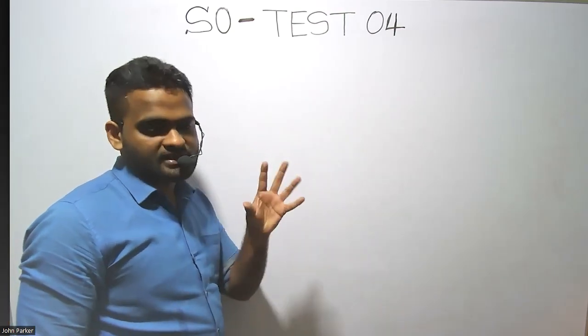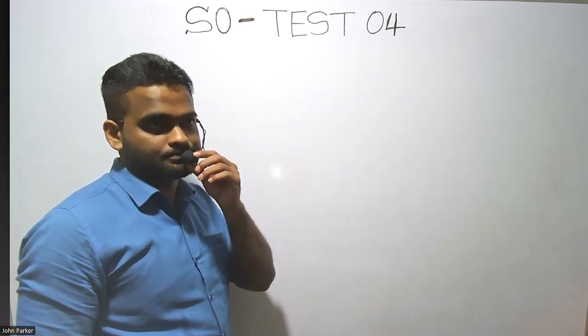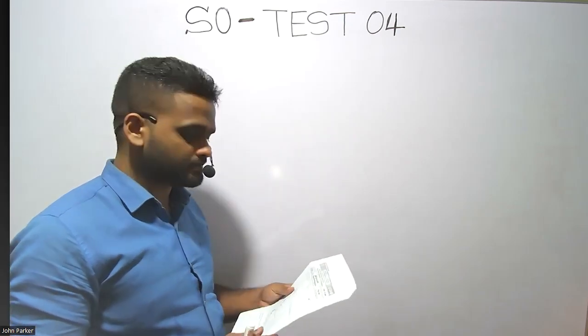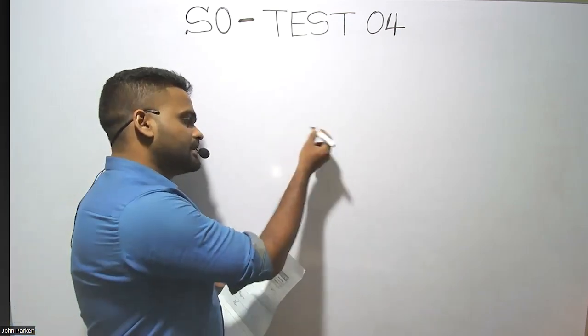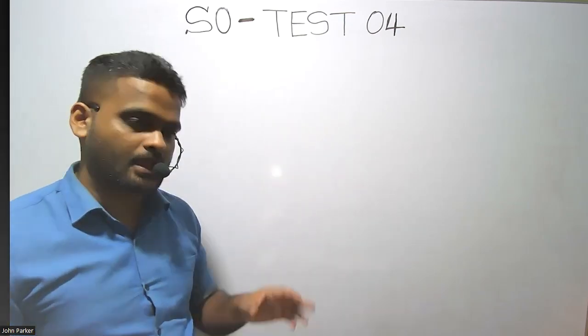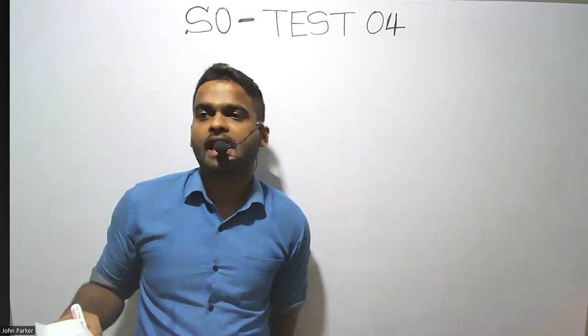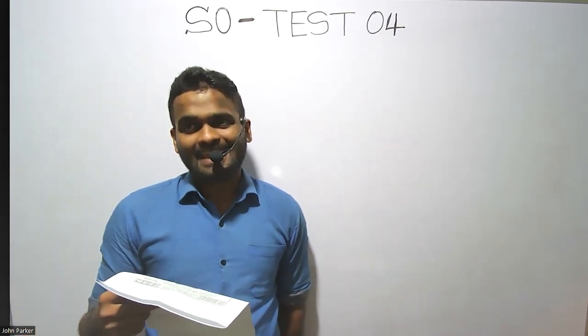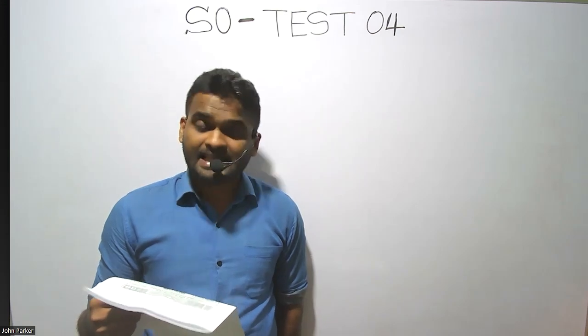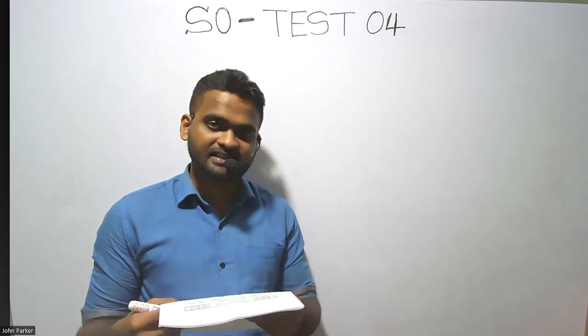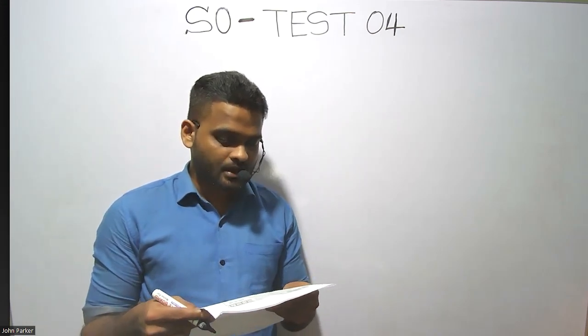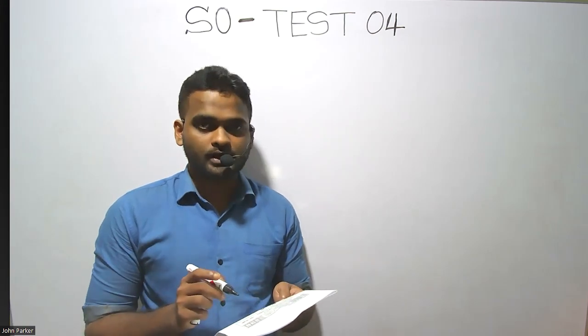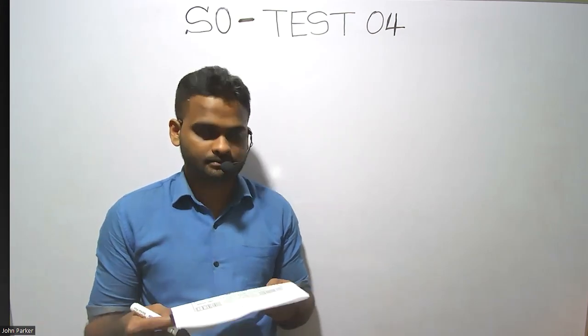So force is a vector. Then another one is kinetic energy. All the types of energy are scalars. Any type of energy is a scalar. So the answer should be the fourth one, a vector and a scalar.